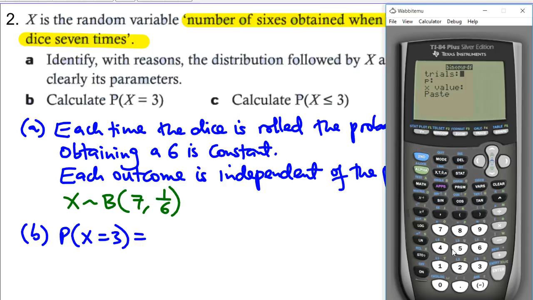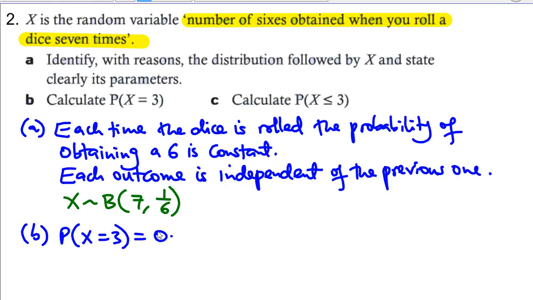The number of trials is 7, the probability of success is a sixth, and what we want is x equals 3. So plug in 3 and press enter. You should get your answer, which will be 0.0781.